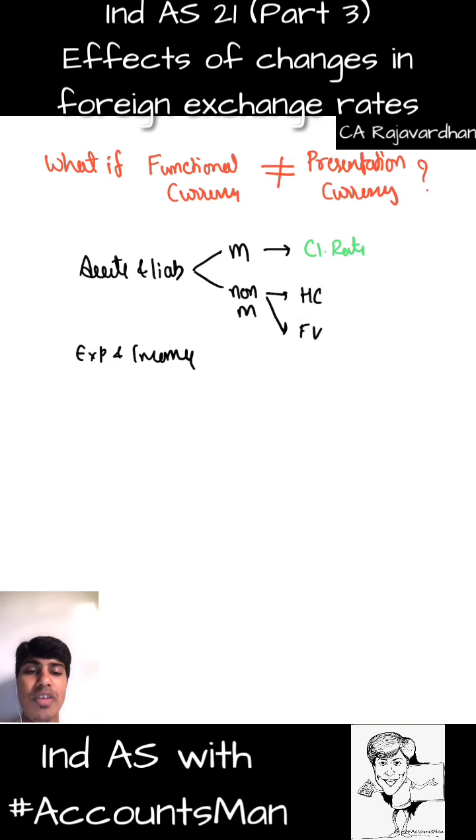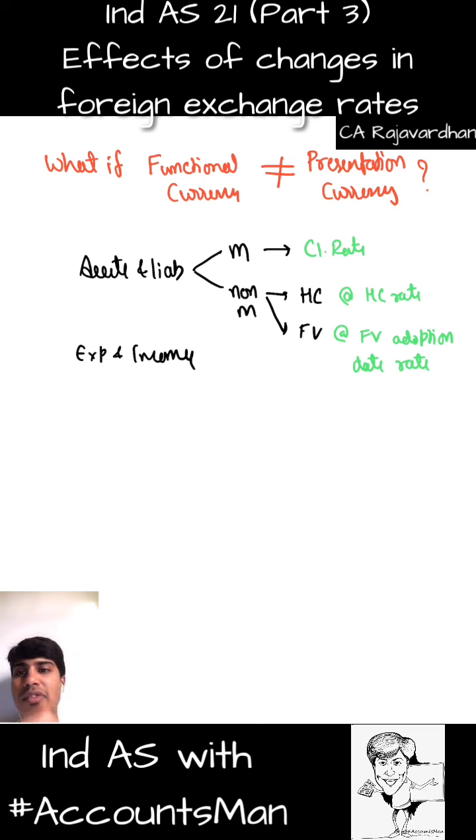Historical cost or fair value. If those transactions follow historical cost, then I use the historical cost rate, that is the spot rate as on the date on which that asset was purchased. If it is fair value, then the rate of forex as on the date on which fair value measurement is adopted.